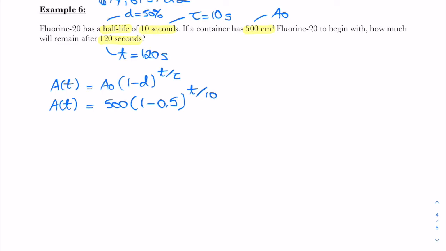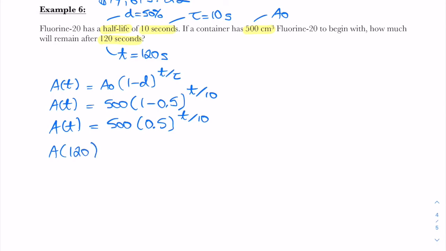And simplify. All right, so that's your simplified exponential function. And now we evaluate it when t equals 120 seconds.